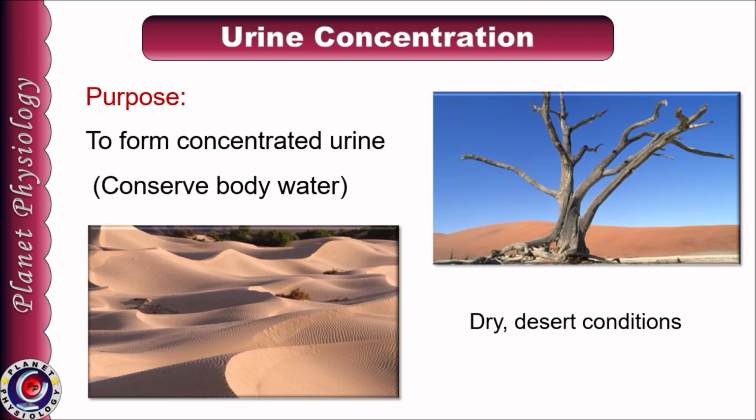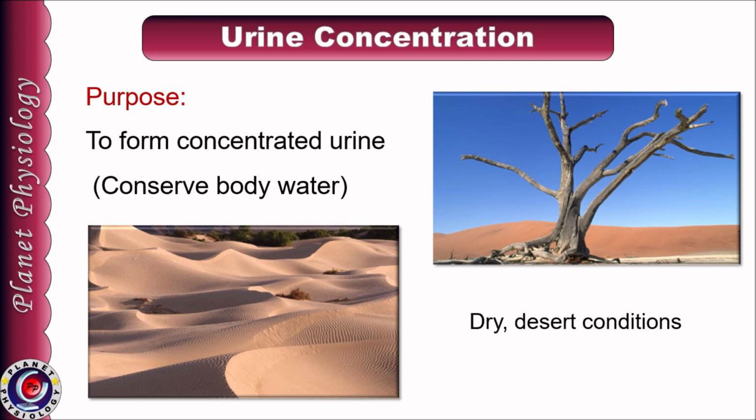What is the need for concentrated urine formation? Basically, it is to preserve or maintain body fluid volume in case of reduced water intake. This is especially important in dry desert conditions where there is scarcity of water.